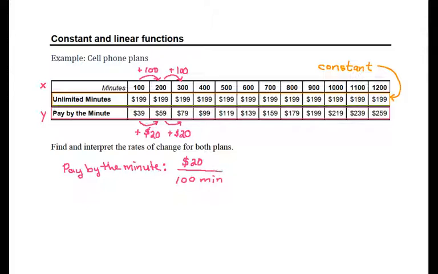We divide the numbers to get the value, and we divide the units to get the units of the rate of change. So 20 divided by 100 is 0.2. We're going to call that 0.20, and our units here are dollars per minute. Or we can call that 20 cents per minute.